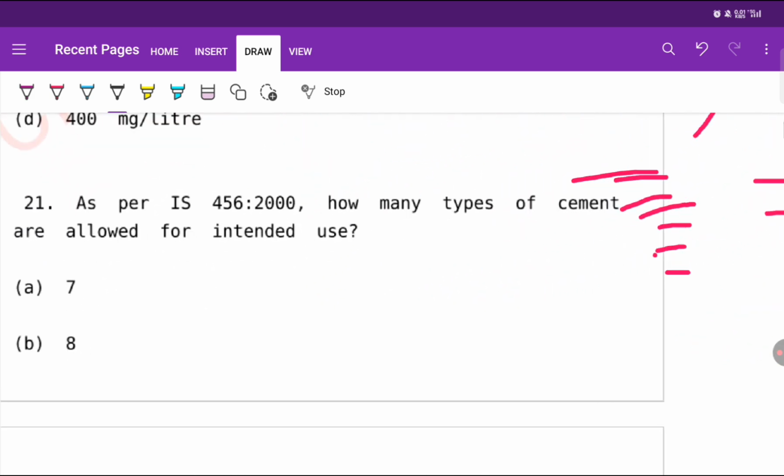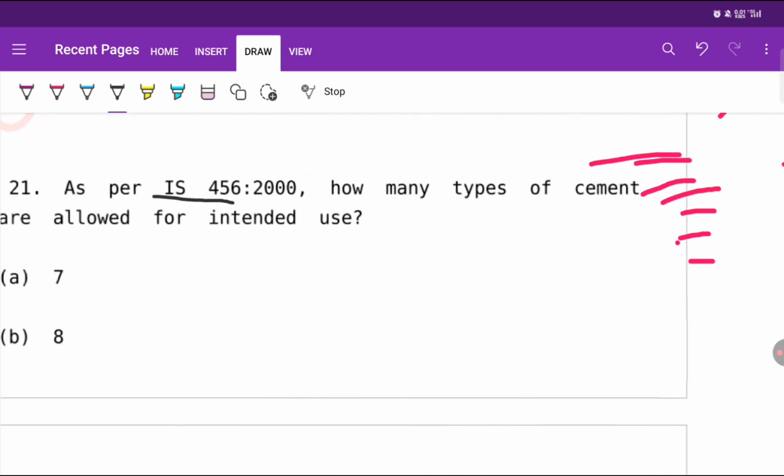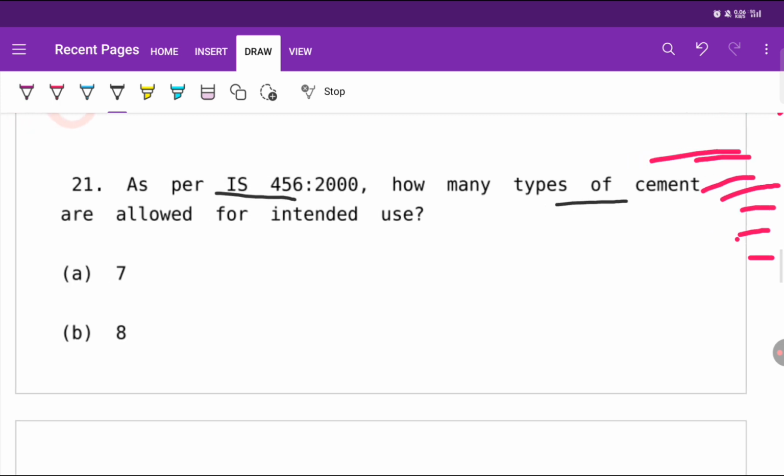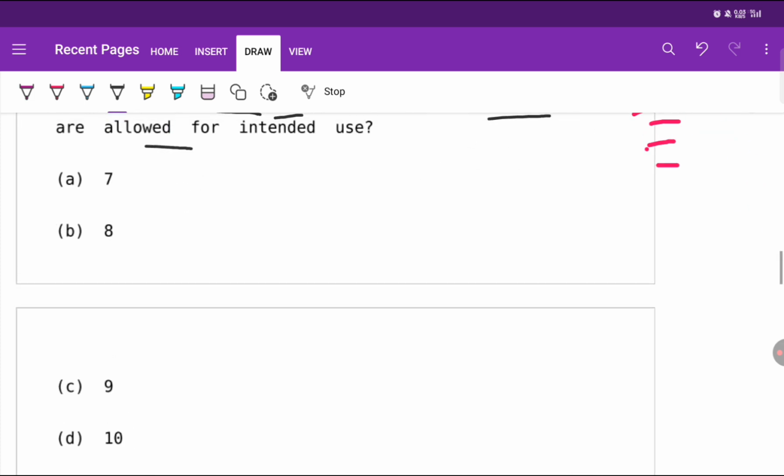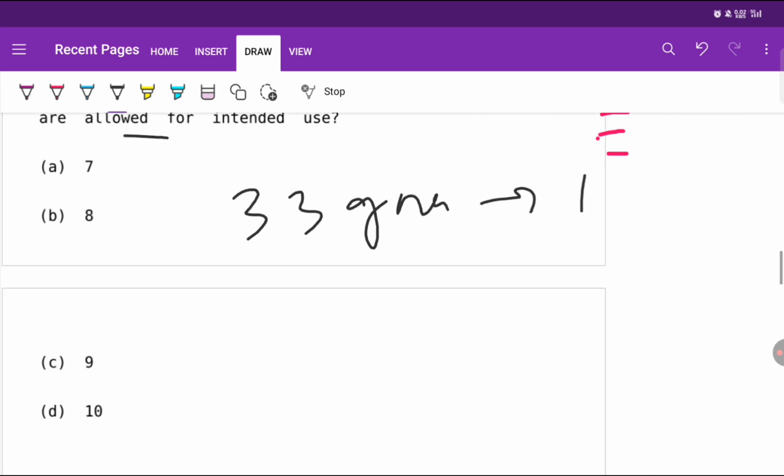Coming to the next question: as per IS 456 2000, how many types of cement are allowed for intended use? So as per IS 456 2000, how many types of cement are allowed for intended use? If we list the names, first of all if we start with grade, then we will have 33 grade, the IS code, IS 269.